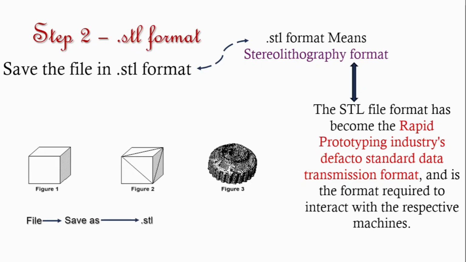Here you can see figure 1 is the normal product or the normal virtual prototype. In figure 2, once you click on the .stl file format, some triangulation will be formed, so it will be converted into this triangulated form of the file. Figure 3 shows what is happening in the .stl file format.